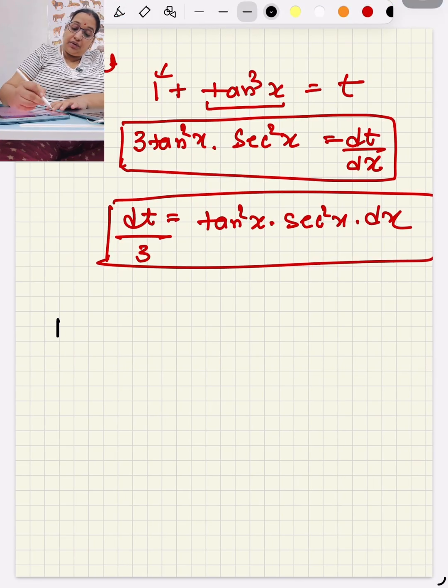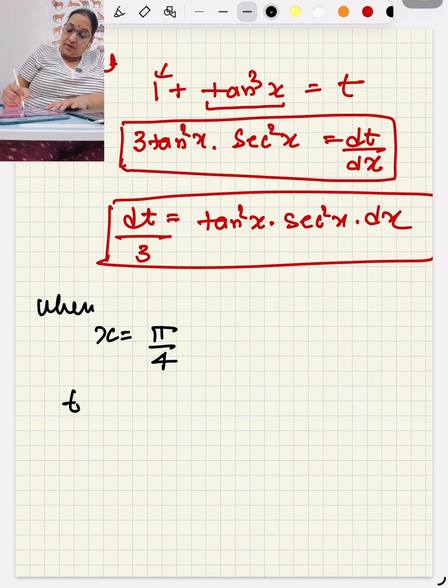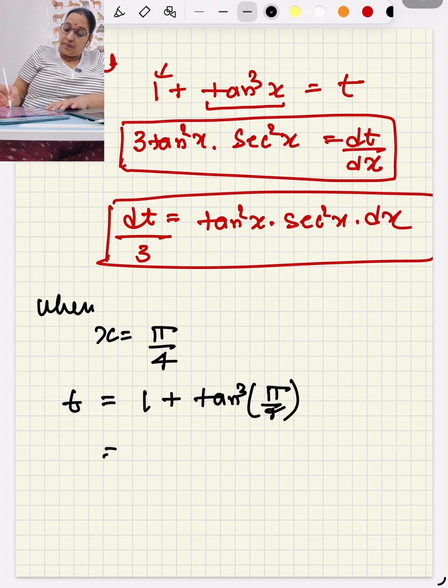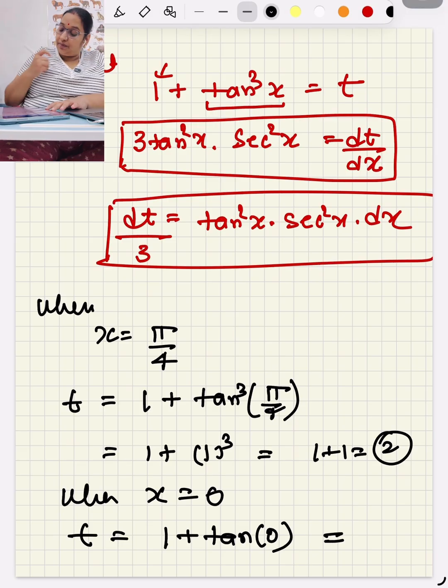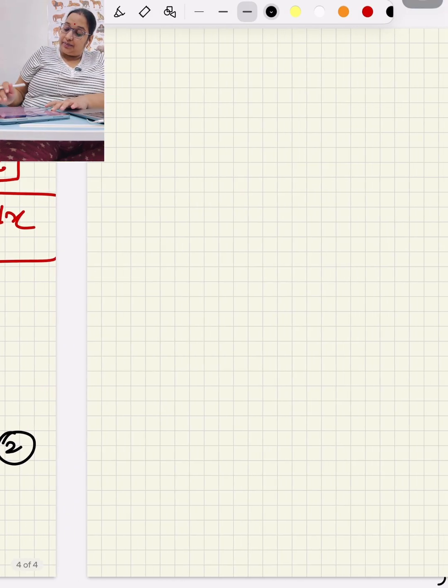So that becomes dt by 3. I is equal to, so we change the limits also. When x is equal to pi by 4, t is equal to 1 plus tan cube pi by 4. So tan pi by 4 is 1, so 1 cube, so that is 1 plus 1, that gives you 2. When x is equal to 0, t is equal to 1 plus tan 0 is 0, that gives you 1, right?